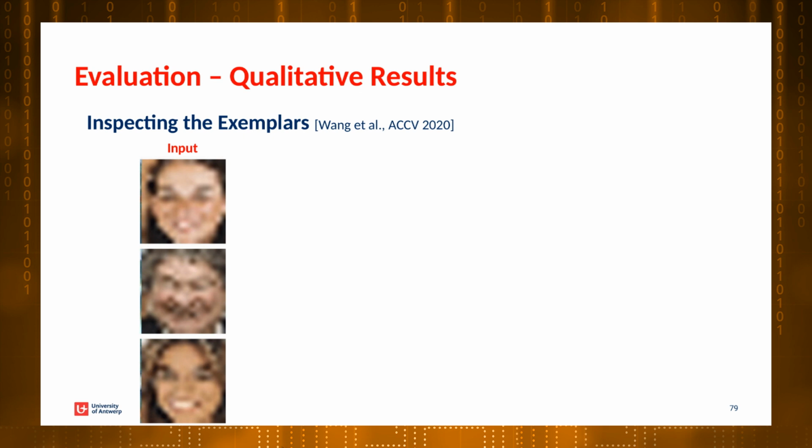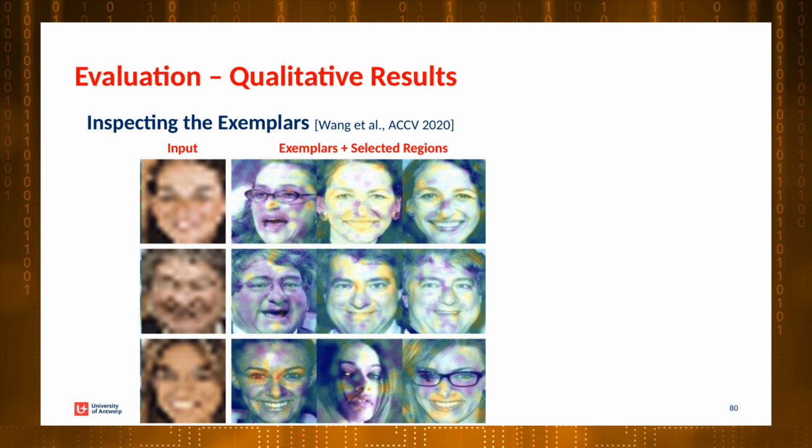So we have here 3 inputs. What you see are 3 exemplars, like the exemplars that were provided to each of those inputs. What you also see are the weights that this module gave to each of those exemplars. Again, red means high importance, blue means low importance.